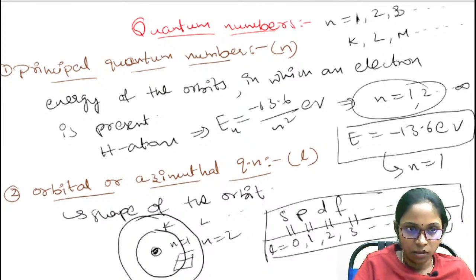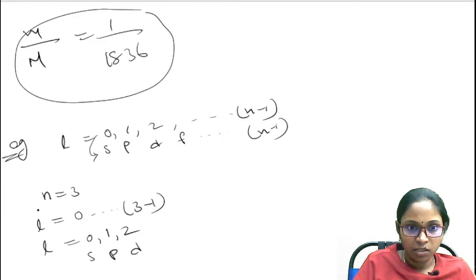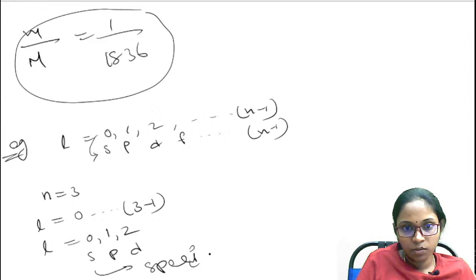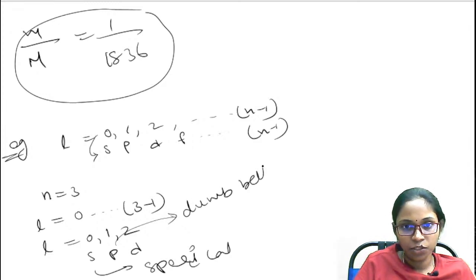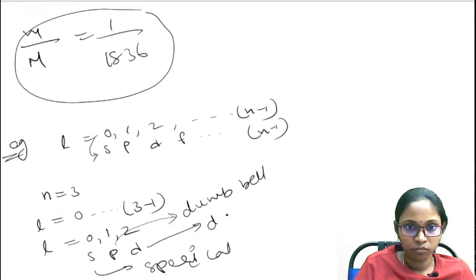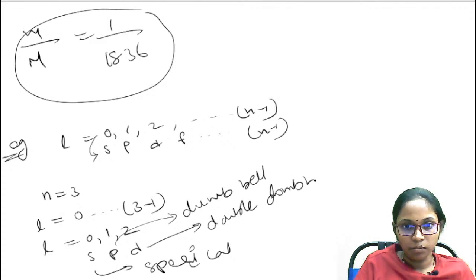This S subshell will be of spherical shape. P subshell will be of a dumbbell shape. D subshell has a double dumbbell shape.